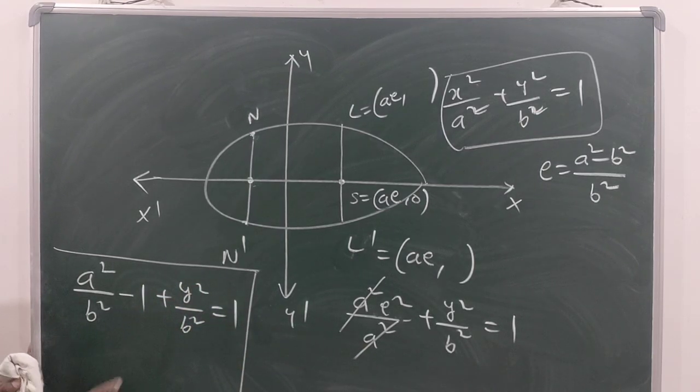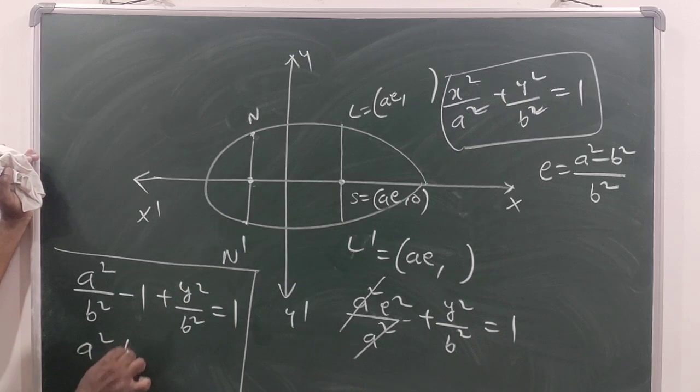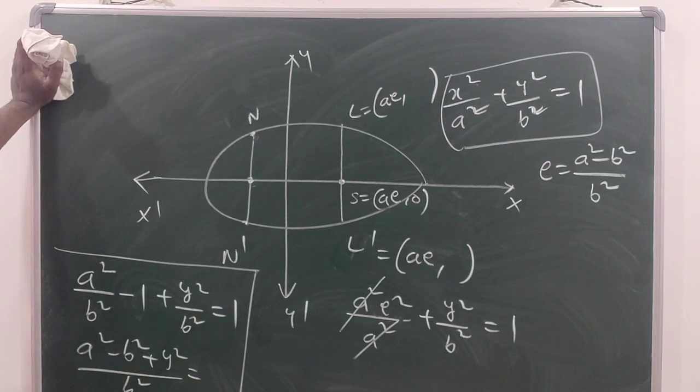Okay, now simplify this. On simplifying this, what are we going to get? Cross multiply here. a square minus b square plus y square by b square, which is equal to 1.